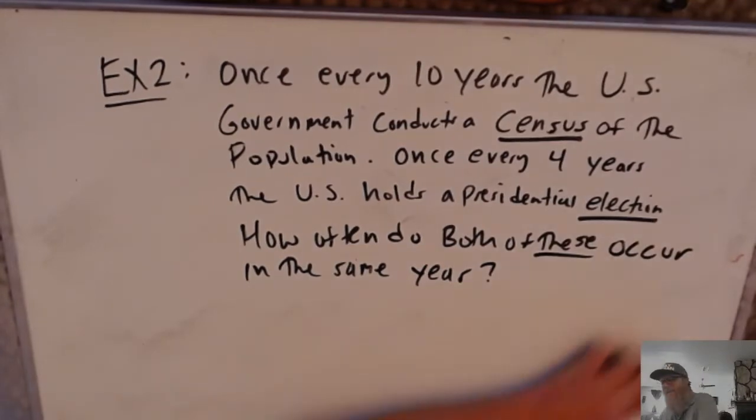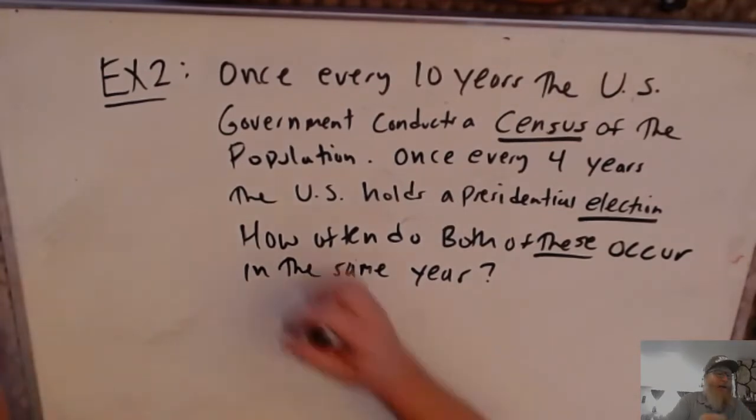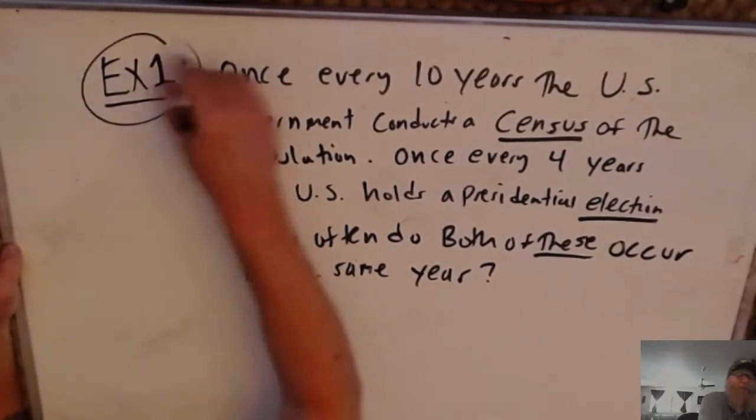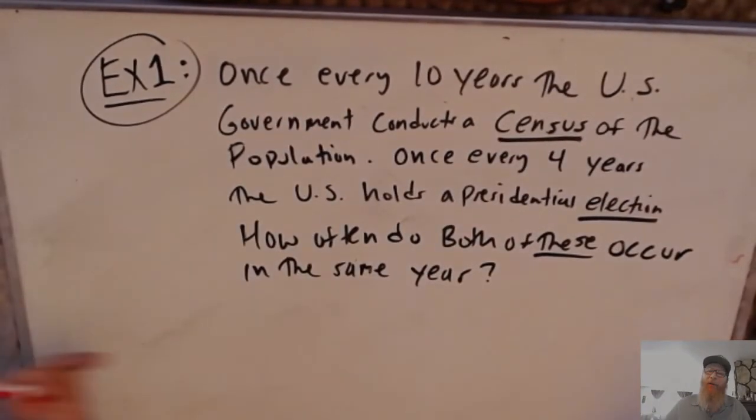Now, I kind of gave this one away with the warm-up. I already used these numbers intentionally, so I don't know why I'm calling this example 2. It's actually example 1. I think my brain was thinking we were already on our second example, but this is the first example. I'm just going to use the same numbers from the warm-up.